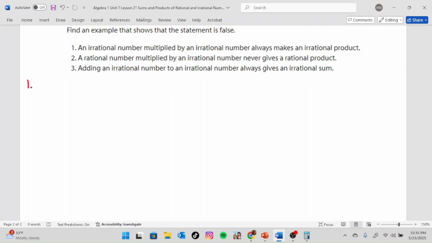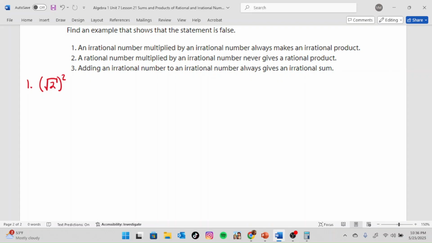This one is pretty simple. If you take any non-perfect square root, you're going to have an irrational number. But if you multiply it by itself, then you are squaring the square root, which cancels each other out and leaves you with the number under the square root symbol. So let's say we took the square root of 2 and we squared it.